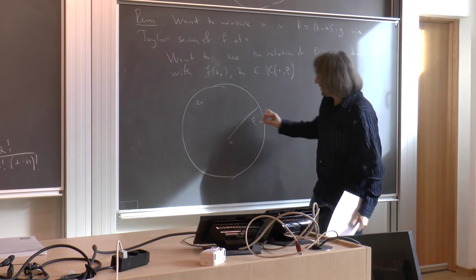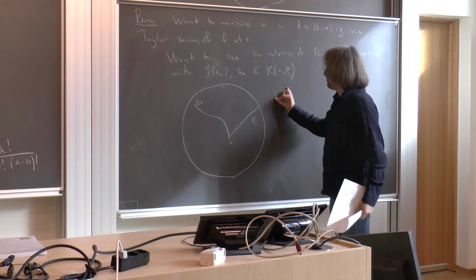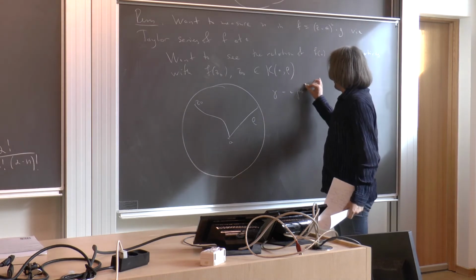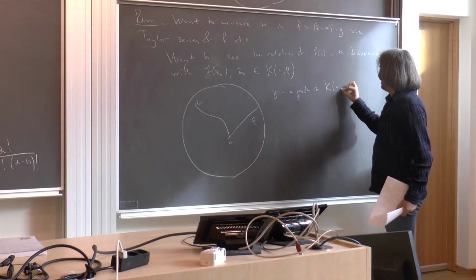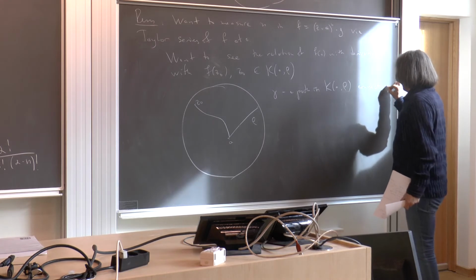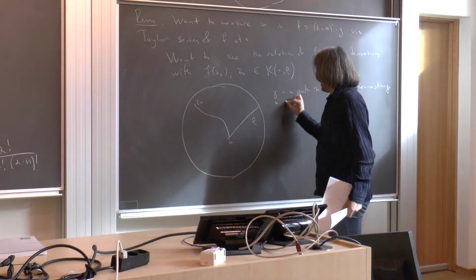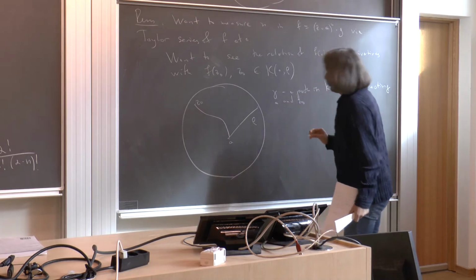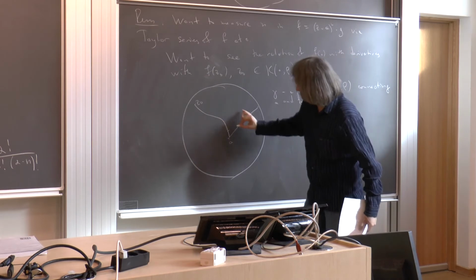To do this, we connect z naught and a by a path. So gamma is a path in the disk connecting a and z naught, and do what we usually do.